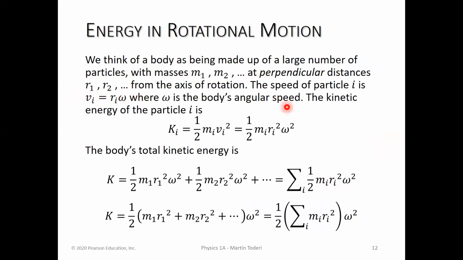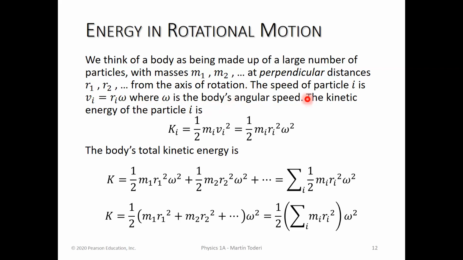So the speed of each particle, let's call each particle i, that will be v_i equal r_i omega, where omega is the body's angular speed. And we know that omega is the same for all the particles, because it's the whole body that is rotating about the axis.